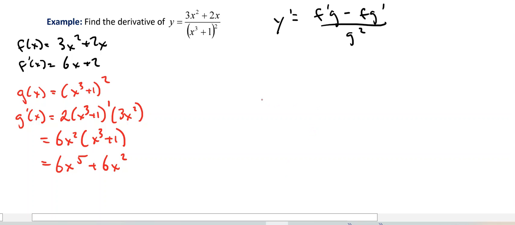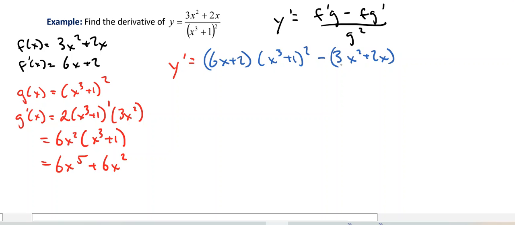Now let's put it all together in the quotient rule. So y prime, now doing a different color, is going to be f prime, which is 6x plus 2, times g, which is (x cubed plus 1) squared, minus f, which is 3x squared plus 2x, times g prime, which was 6x to the 5th plus 6x squared, all over g squared.